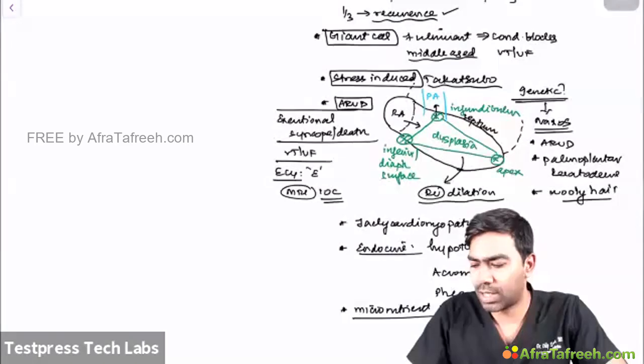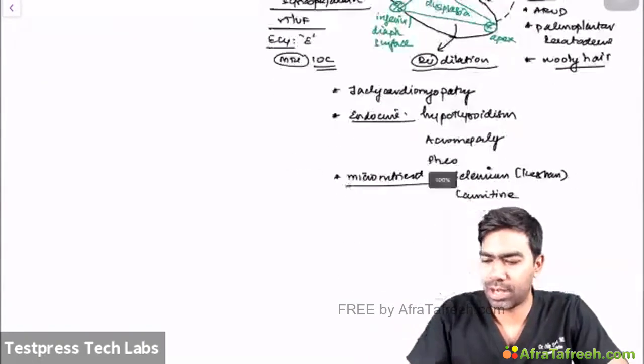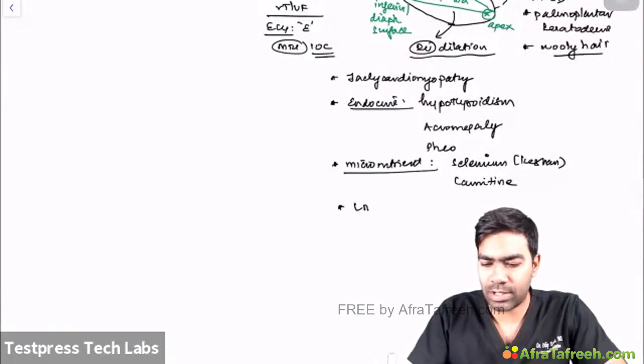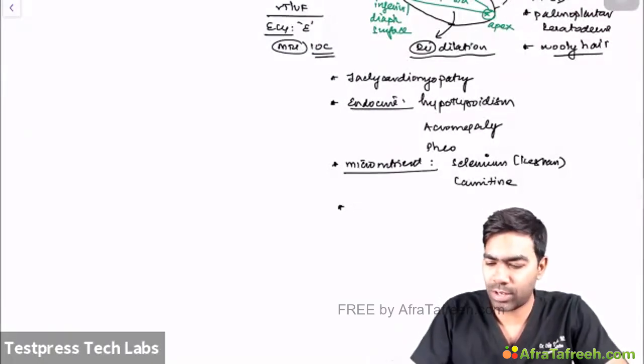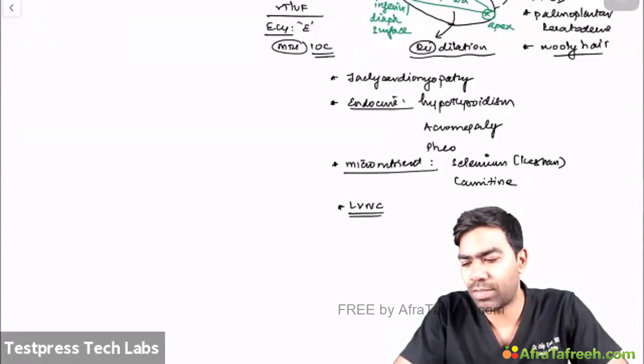And of course, carnitine deficiency can also produce cardiomyopathy. You have to know about that also. And apart from that, there is another entity called LV non-compaction. That's completely an echocardiographic diagnosis, so I don't want to discuss much about that. That is called LVNC, left ventricular non-compaction.